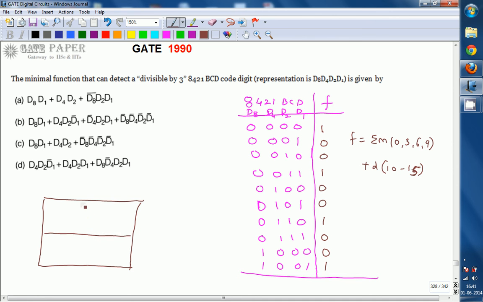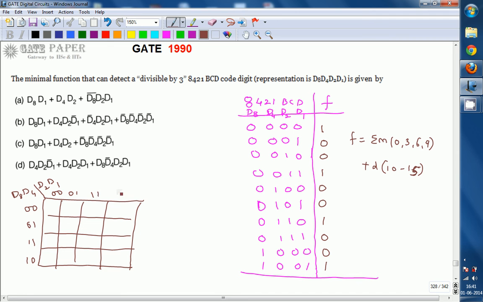This 4 variable k-map has 16 cells. On this side it is D8 and D4, on the other side D2 and D1, and the combinations are 00, 01, 11, 10. This is the gray code we follow in the k-map.